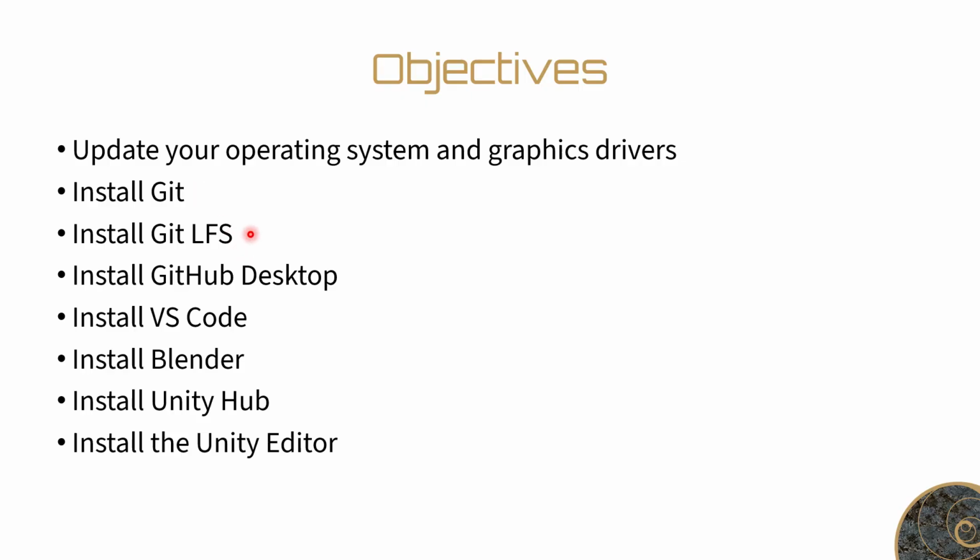We're also going to install Git large file system because Unity has some large files, and install GitHub Desktop to just make it easier to work with GitHub. We'll be using VS Code as our code editor, Blender for doing our 3D work, and Unity. Finally, install Unity Hub and the Unity editor.